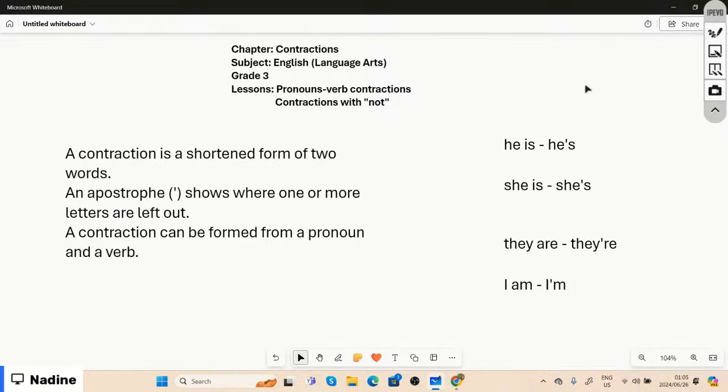And when it comes to contractions, an apostrophe shows where one or more letters are left out.